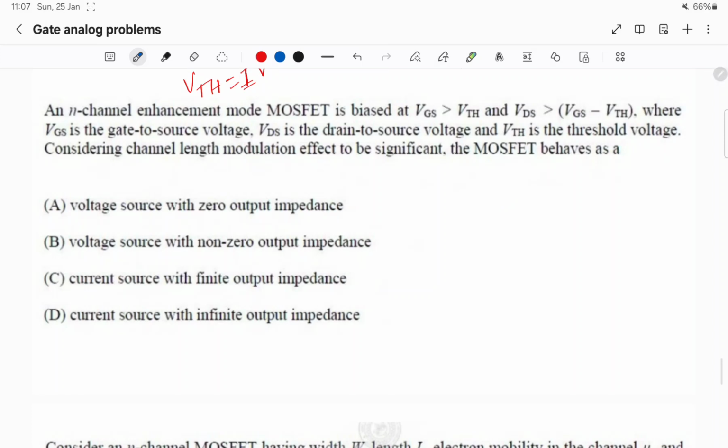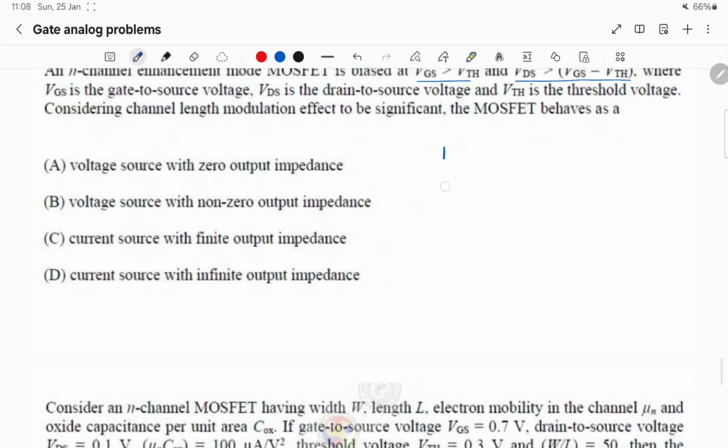In the next question, an N-channel enhancement mode MOSFET is biased at VGS greater than VTH and VDS greater than VGS minus VTH, where VGS is the gate to source voltage, VDS is the drain to source voltage, and VTH is the threshold voltage. Considering the channel length modulation effect to be significant, the MOSFET behaves as I said in an earlier video.